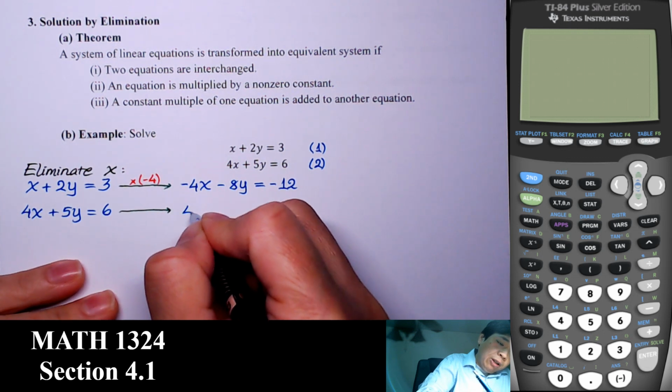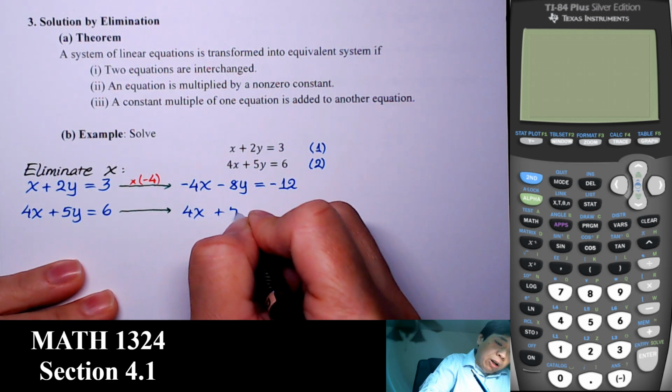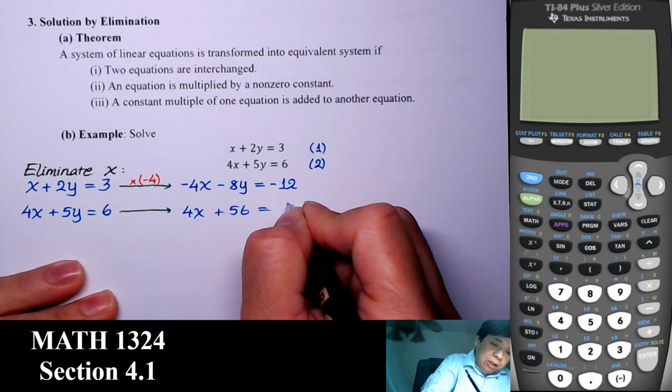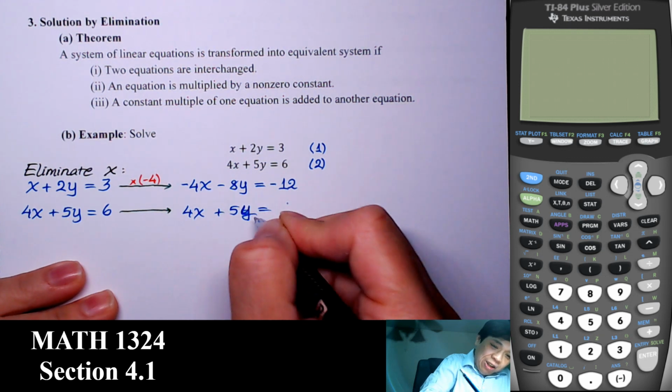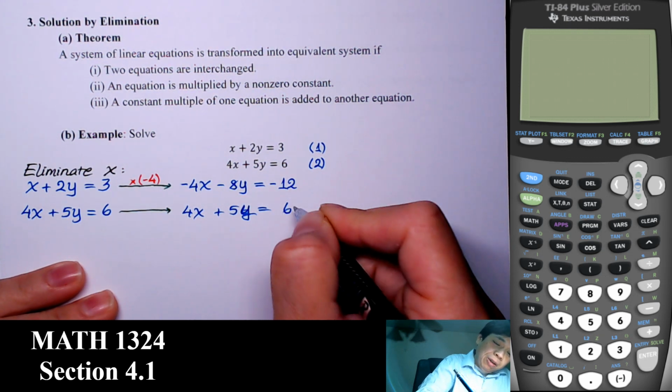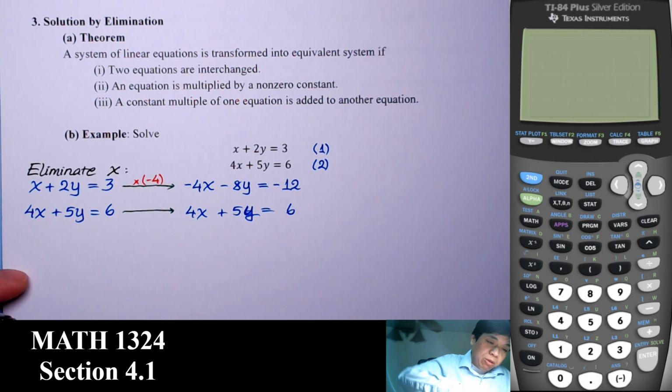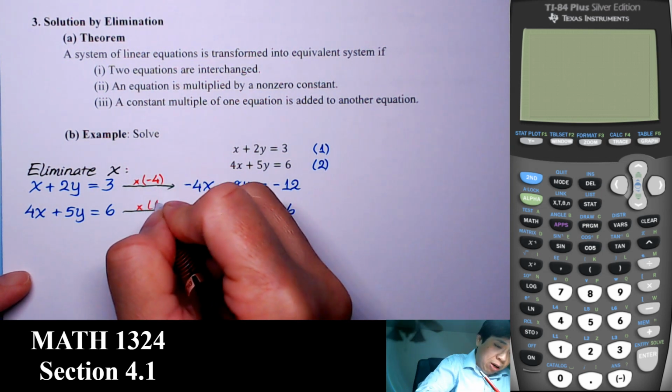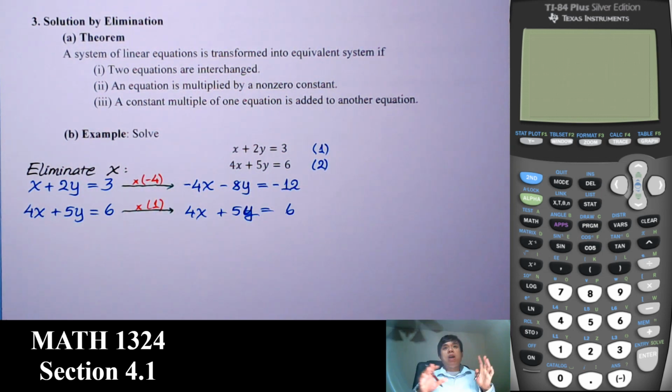And then we have 4x plus 5y equal to 6. In this case, we don't need to do anything to the second, or we just say multiply by 1. So usually we multiply by something so that the coefficients will have opposite signs.